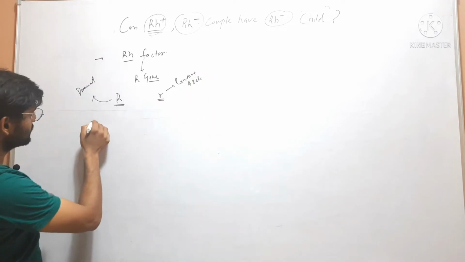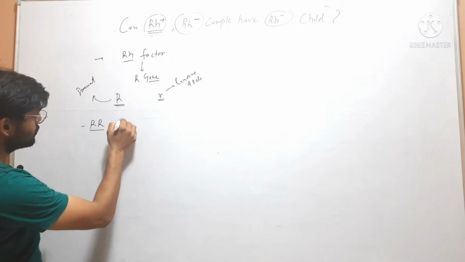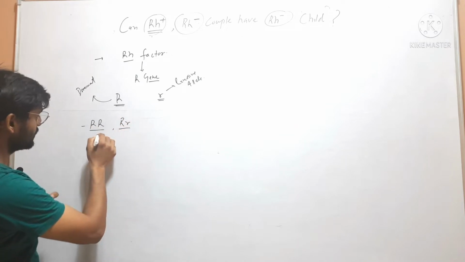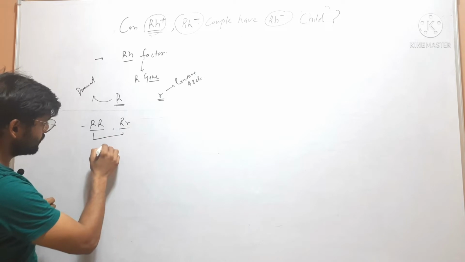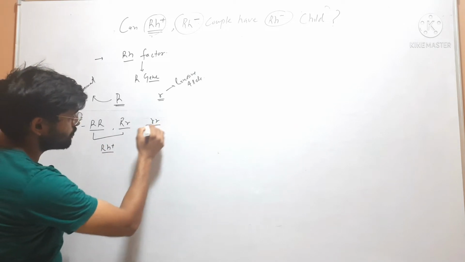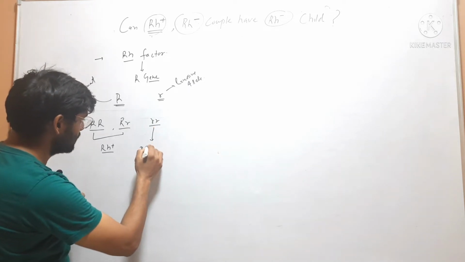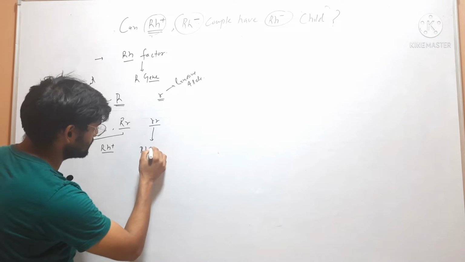So, a person with genotype capital R capital R and also with capital R small r will always have Rh positive factor, and a person who has both recessive alleles will always have Rh negative factor.